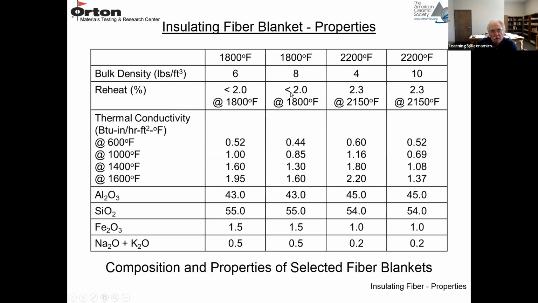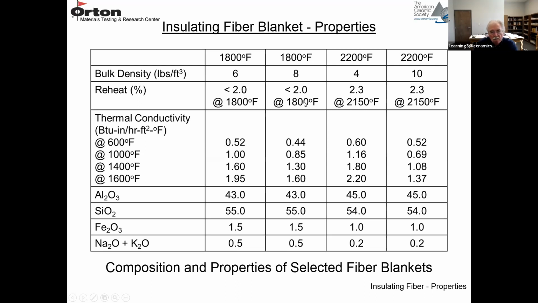These were less than 2% at 1800 degrees F. These were about 2.3 at 2150 degrees F. These are the thermal conductivities from 600 to 1600 degrees F in BTU units. And you can see these are really fairly low numbers, from about 1/2 up to 2.